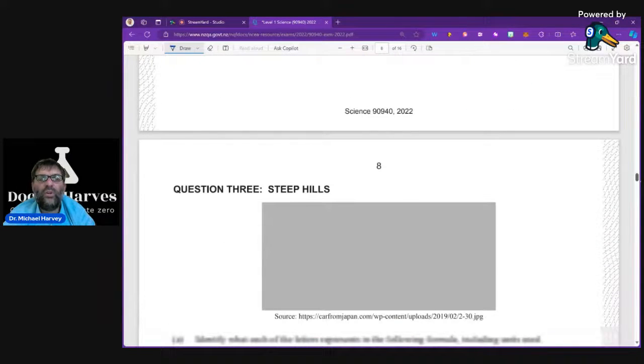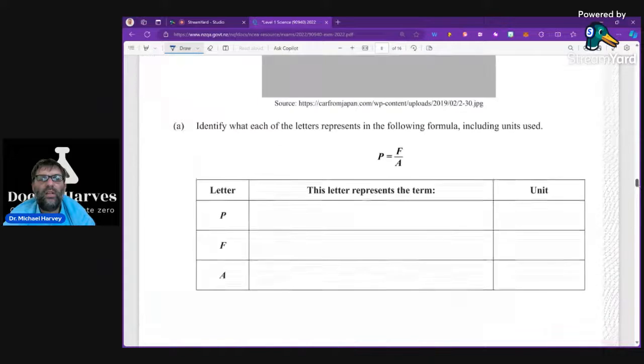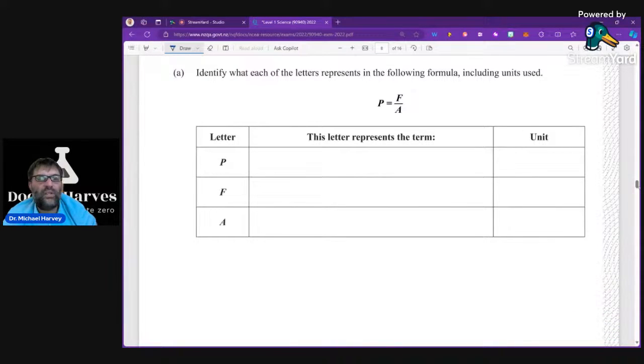And then we have question 3. They're obsessed with steels by the looks of things. So this is a pressure question, because you get the equation for pressure. Okay, so identify what each of the letters represents in the following formula, including units that are used. So I've already kind of given it away on how to, look at that equation.